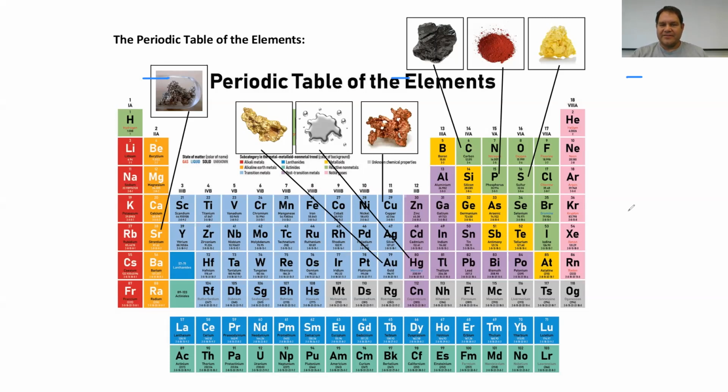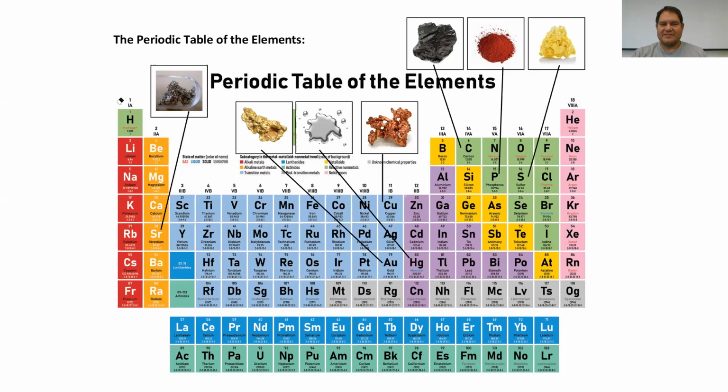Okay. Now, the other thing I really want you to know, and sometimes we get this thought that the elements are just words with symbols on some kind of table, but they are real. They are real things. They are real material objects, and they have unique characteristics about each one.